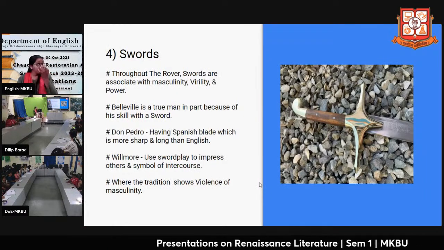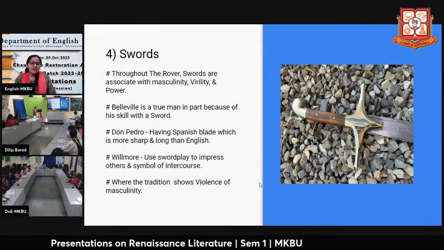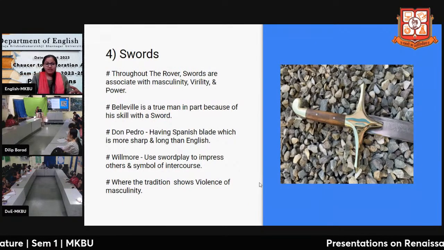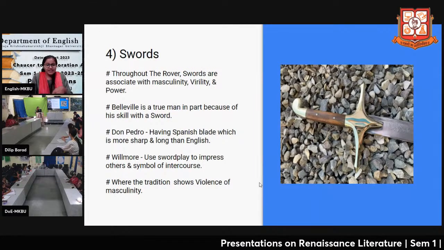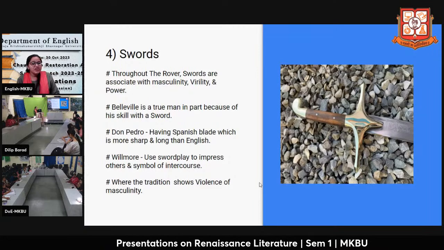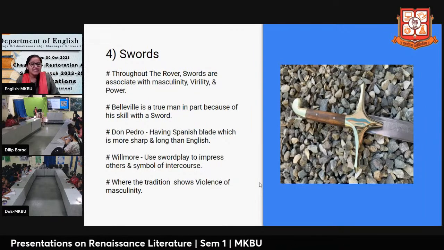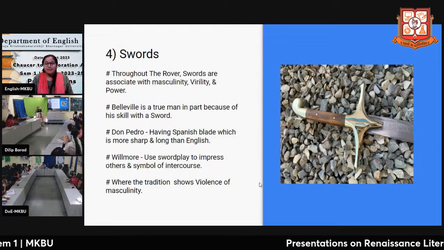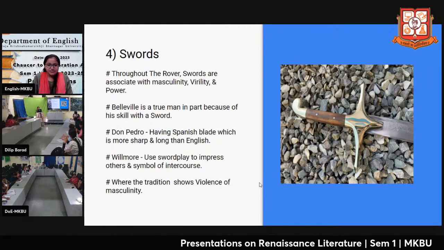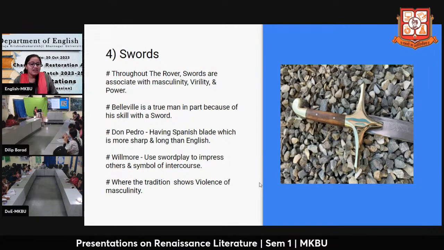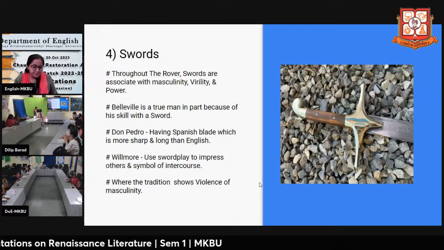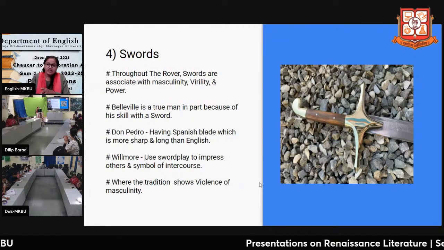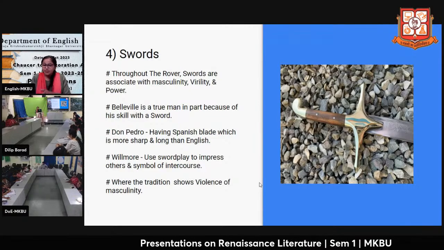The next symbol we have here is the sword. The sword is used for fighting in the play. Throughout The Rover, swords are associated with masculinity, virility, and power, meaning only the male characters use the sword. Belville is a true man in part because of his skill with his sword, meaning he is fighting for a good purpose.